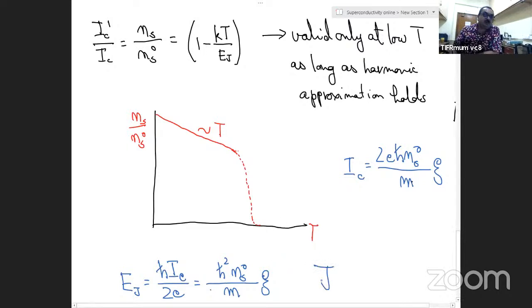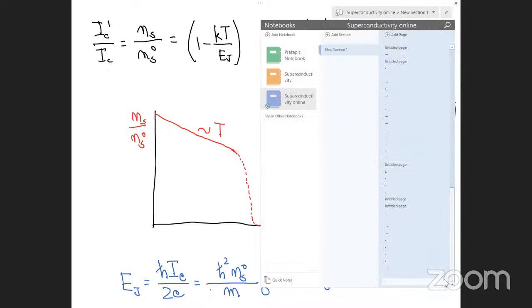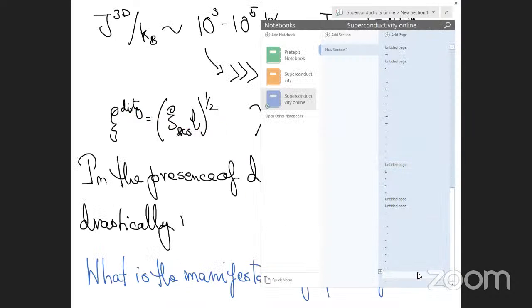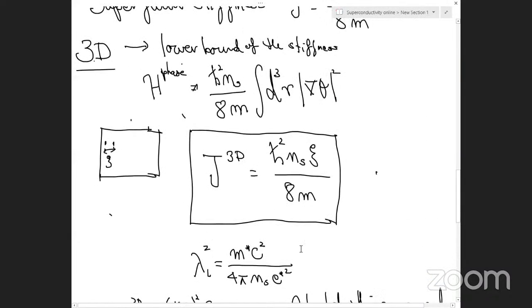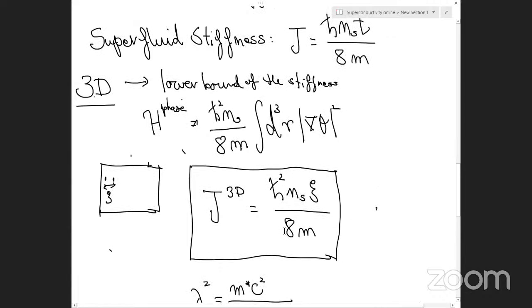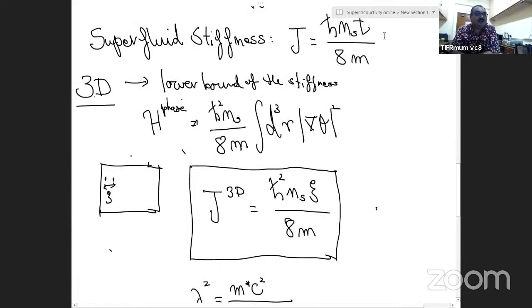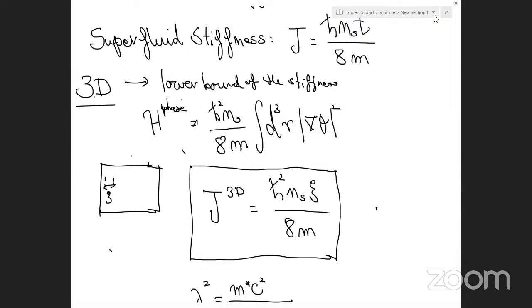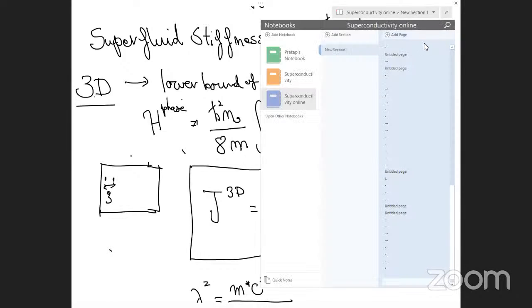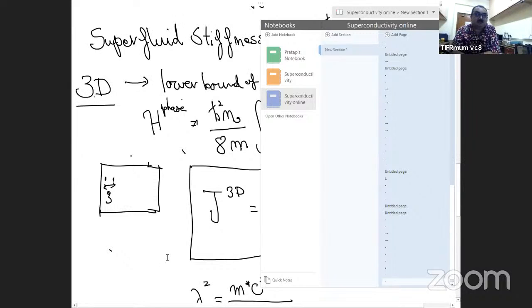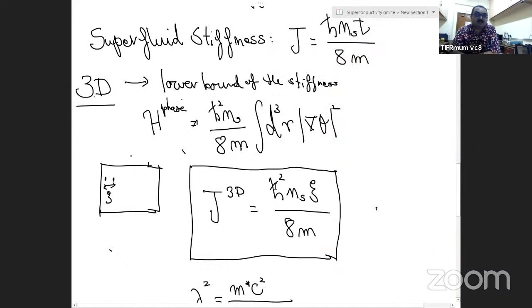What was the expression of J that we derived in the last class? Sir, it was ħ² Ns ξ divided by 8m. Other than the 8, it's identical. Okay? This is the expression that we had derived in the last class.